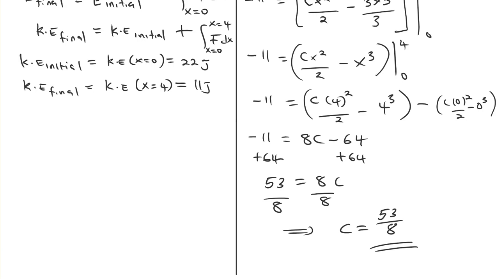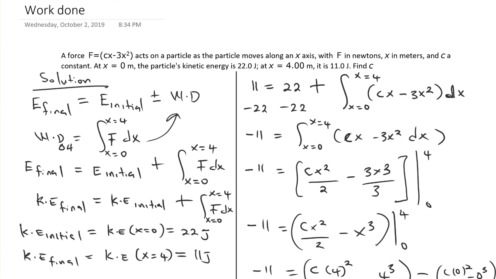And what is the unit of c? If you go back to the expression for F, we see that F is in Newton. So cx is in Newton, right? 3x squared is also in Newton.